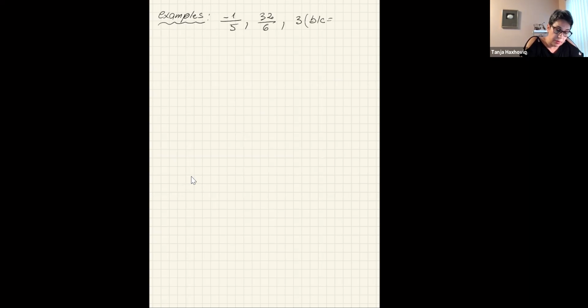Because number 3 can be written as the ratio of two integers, namely as 3 over 1. 3 divided by 1 is 3. So number 3 is another way of being written as 3 over 1, meaning as the ratio of two integers. 0 over 18. That's just another way of writing the number 0. So 0 is also a rational number.